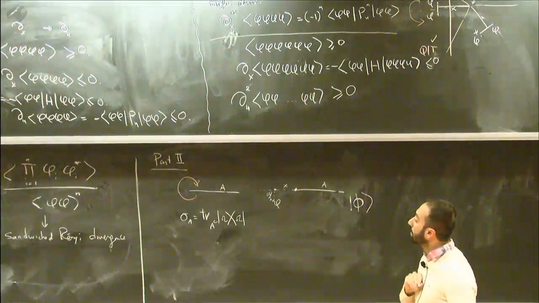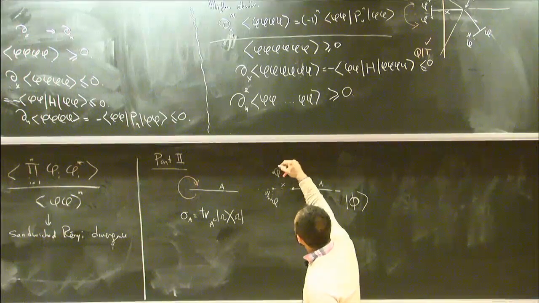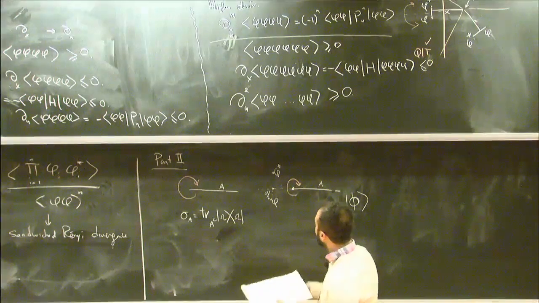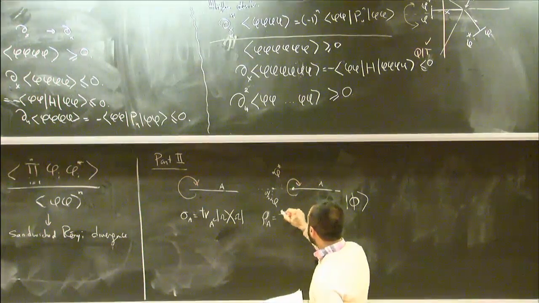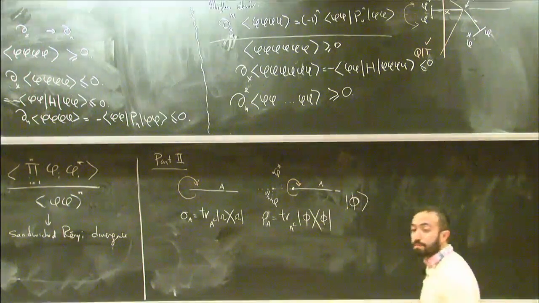Let's call that phi. And if I perform the path integral around this, I get the reduced density matrix. Well, let's call it rho so that people don't get confused.